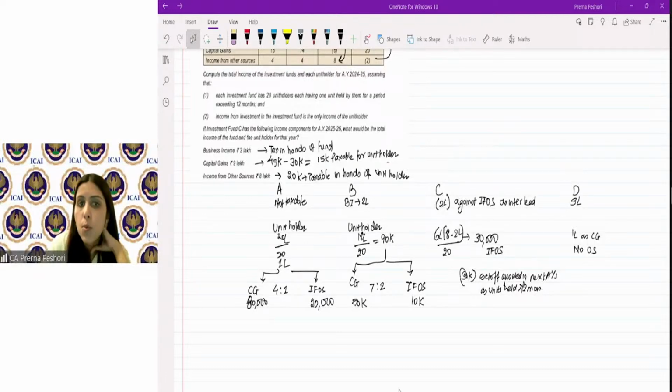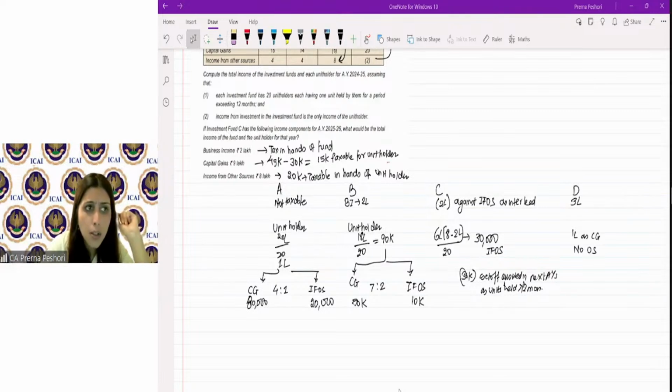Now, after this, we will not start REIT because REIT is again going to take some time. So what I'm going to do is we are going to start with the taxation of the private trust and the political parties. We are not going to start with the REIT because, as I said, it will take certain time.